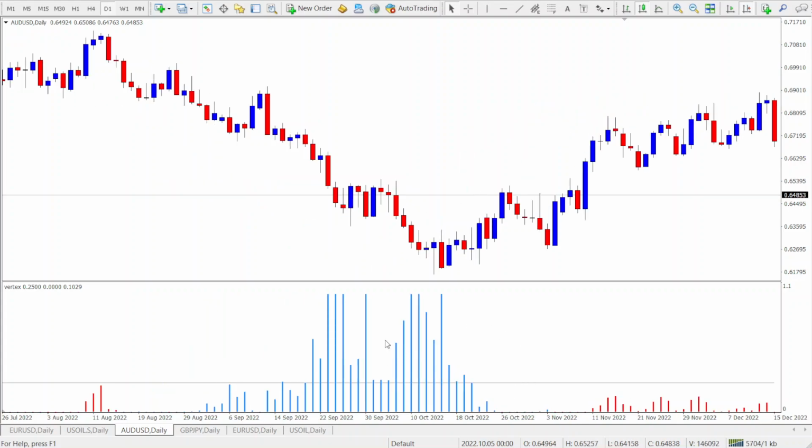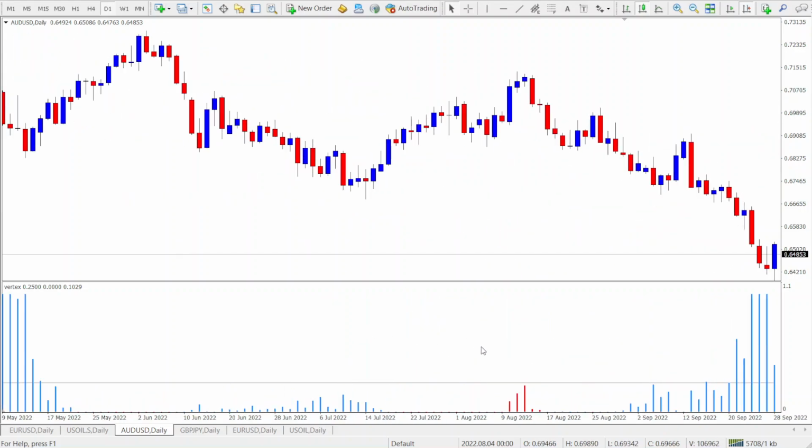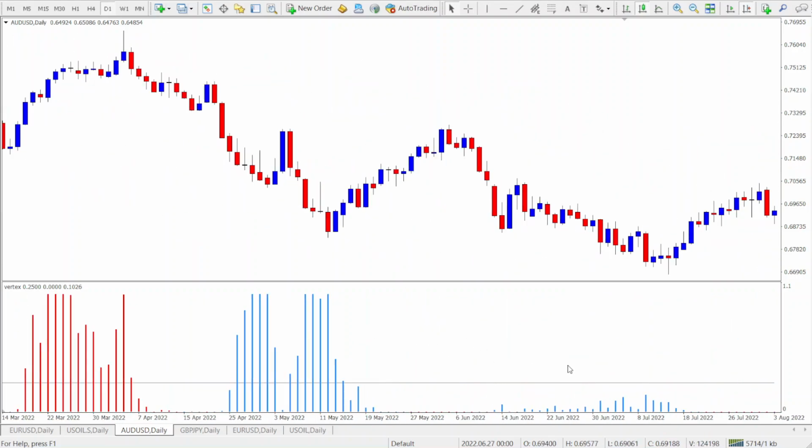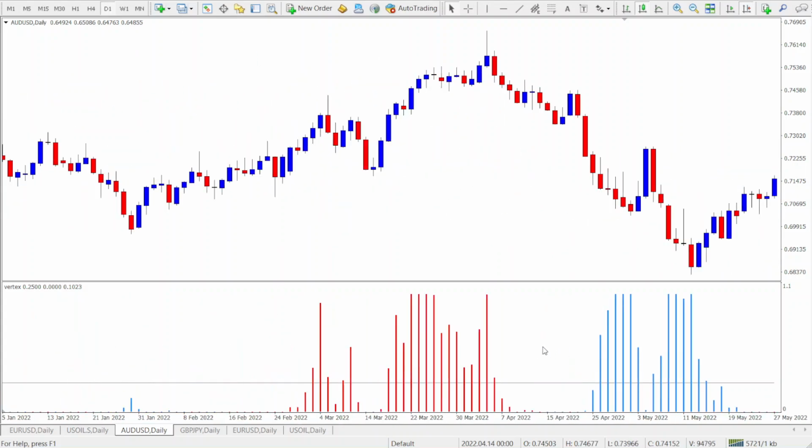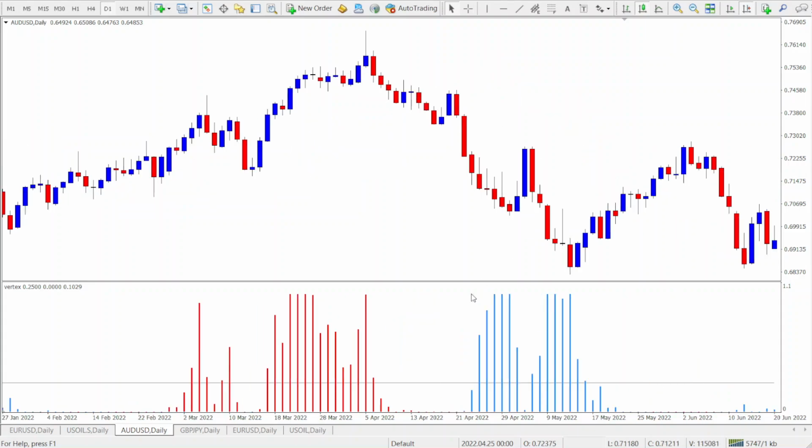The blue bars represent selling volume while the red bars represent buying volume. I don't know why it's done like that. It's supposed to be the opposite, but you can change the colors if you prefer red for sell and blue for buy. But the default settings are red for buy.